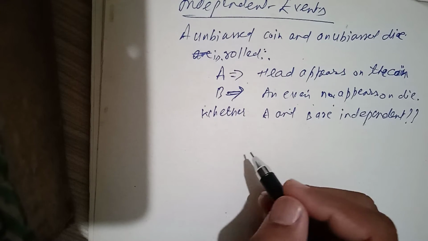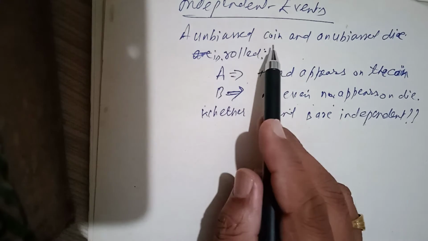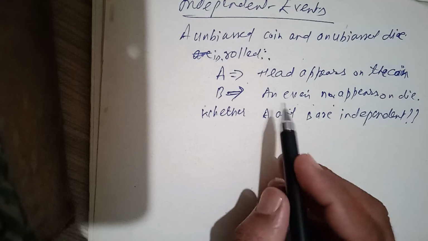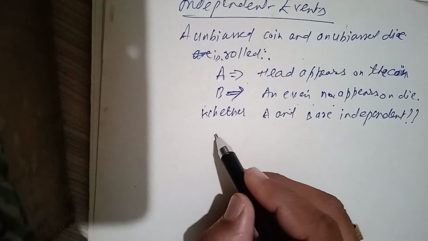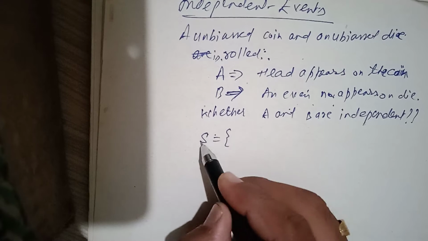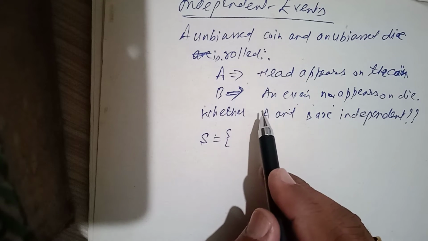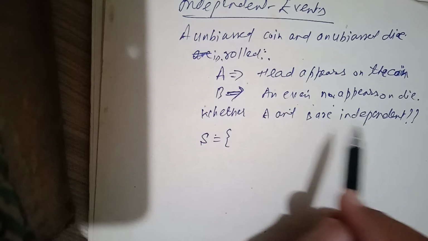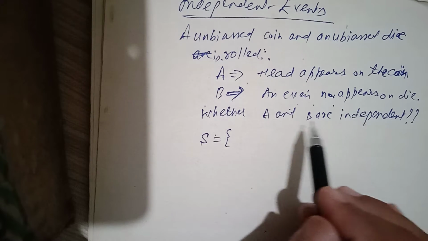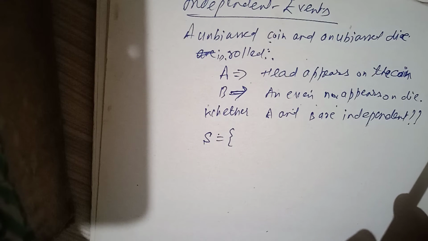How to check? We know that when a fair coin is tossed and an unbiased die is rolled, what is the sample space? How will you calculate it? A coin has only two outcomes, whereas a die has six outcomes. So for each outcome of a coin, we have six outcomes.